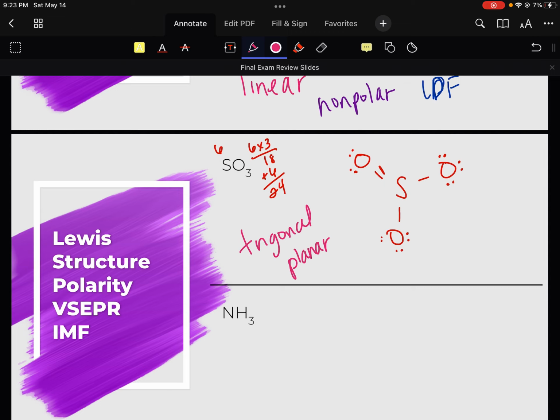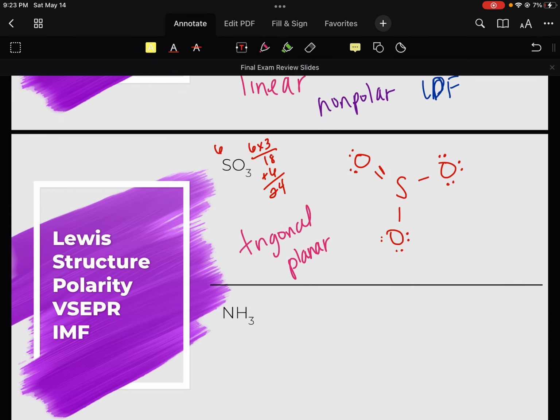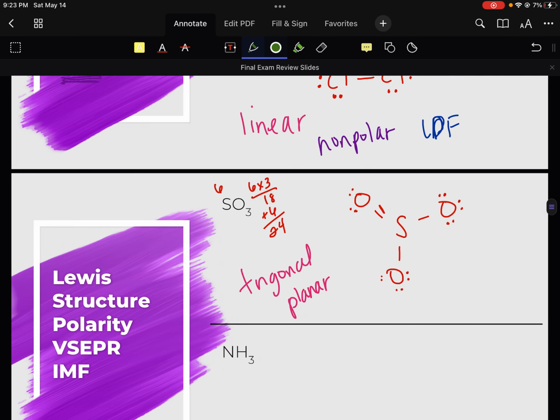In this case, we will subtract, let's see, we'll do green. If I look at the electronegativities for sulfur and oxygen, again, I can't remember exactly what they are.